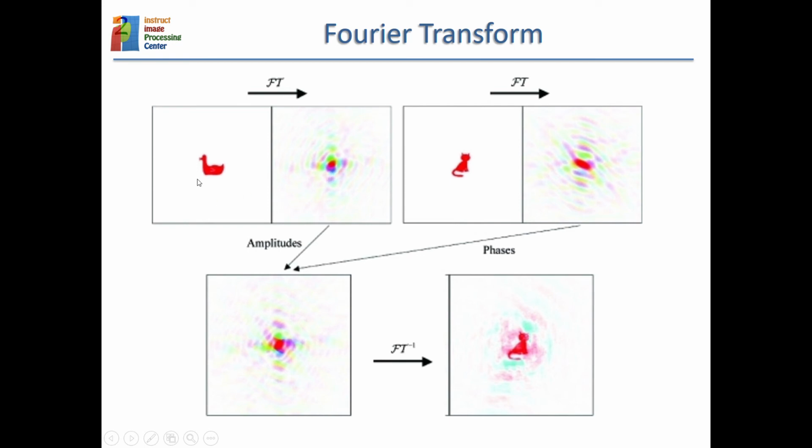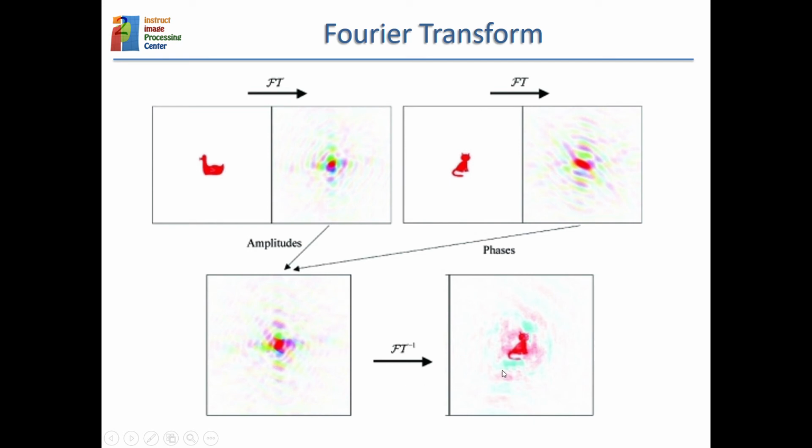So we do the Fourier transform of a dog, the Fourier transform of a cat, and here is the corresponding Fourier transform. And now we take the amplitudes from the dog, and we take the phases from the cat, and we do the inverse Fourier transform.